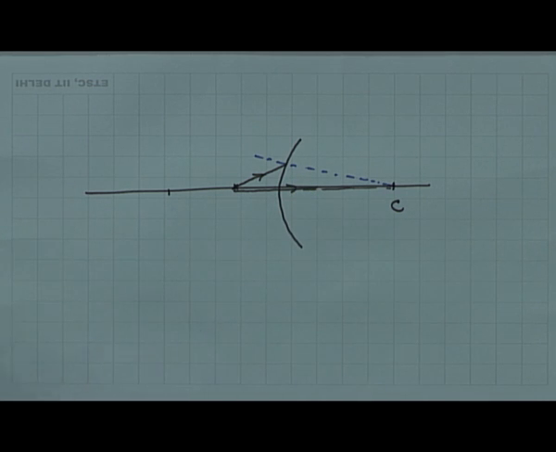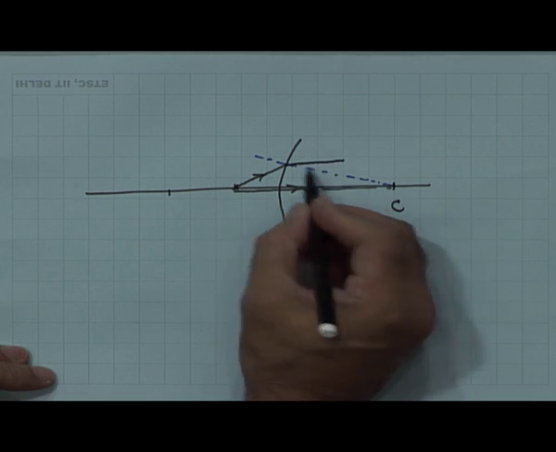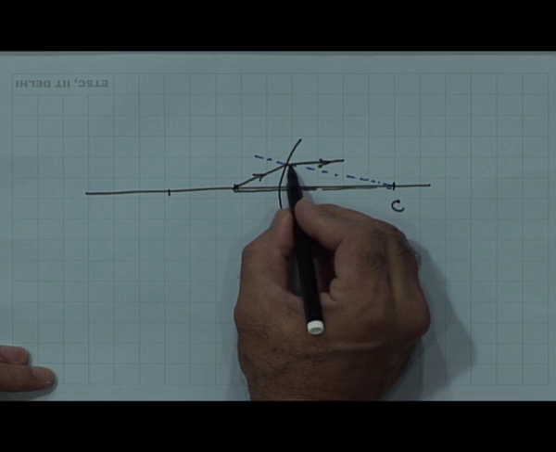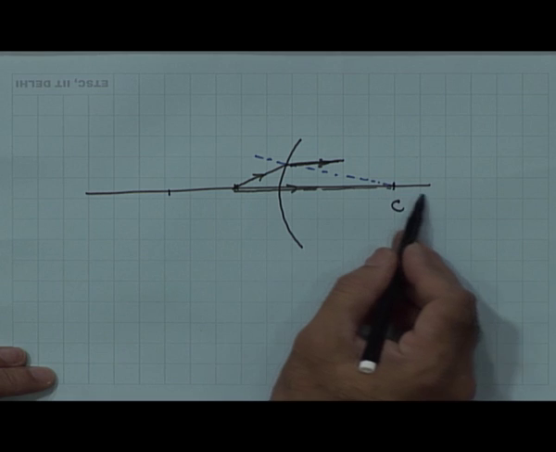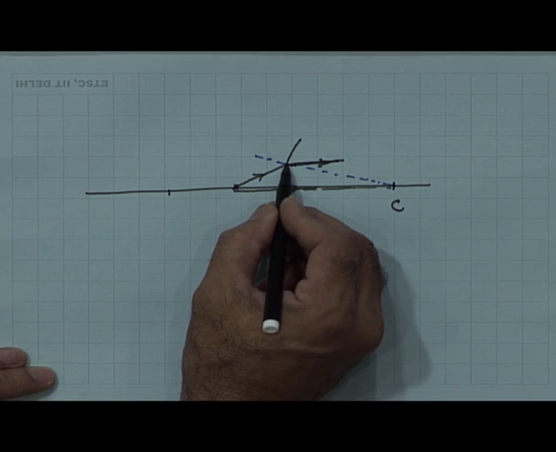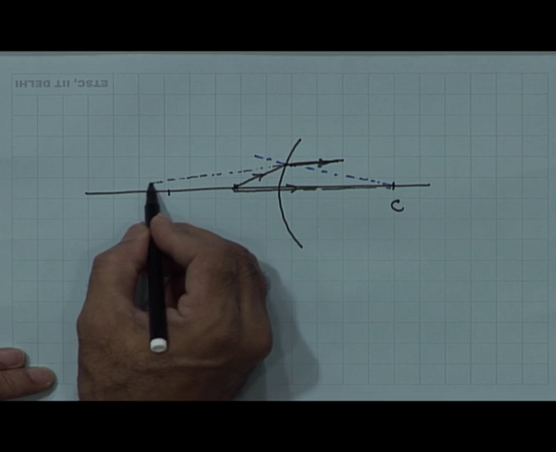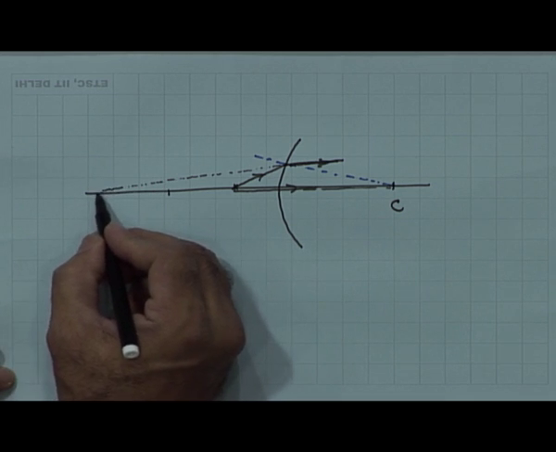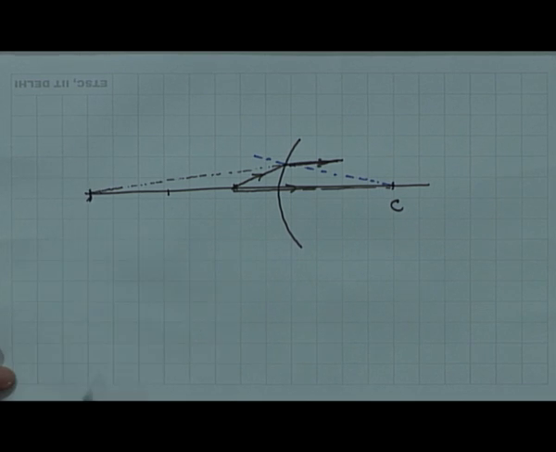Then we see that this will of course bend. So, the ray will refract, bends towards the normal. However, in this case it is still diverging, it is not coming to this and intersecting with this ray, which means this appears to come from a point which is just extending this back to a point somewhere here.